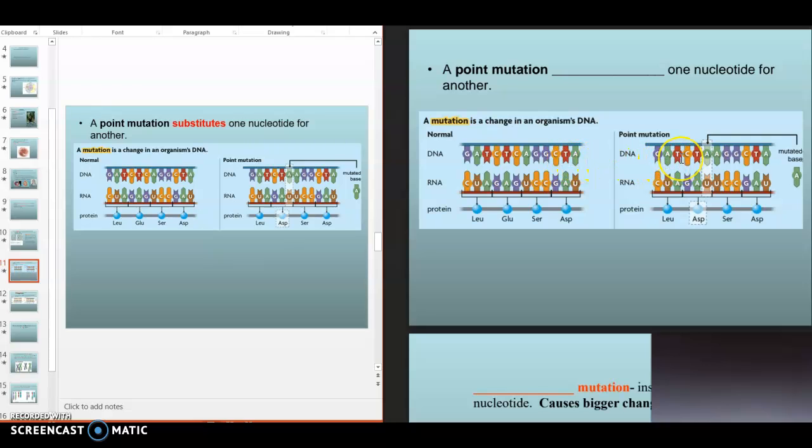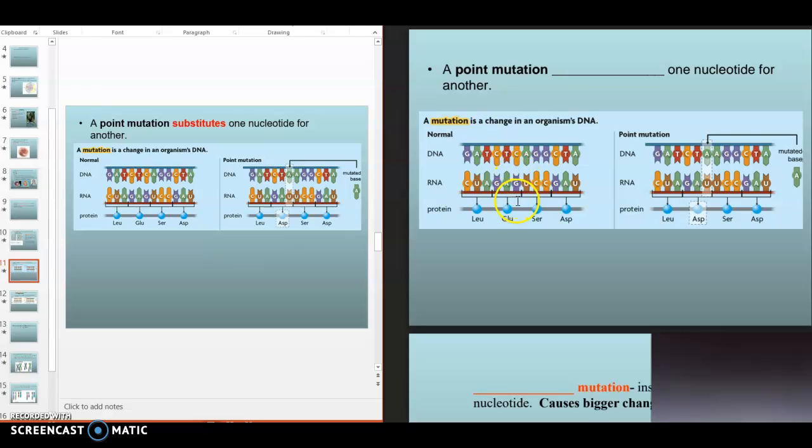So over here we've got the same GAT, and we've got the CTA. Like, wait a minute, CTA. This should be CTC. What happened was this C got taken out during DNA replication, and the spell check didn't catch that this A became a C, and it kept it in there.